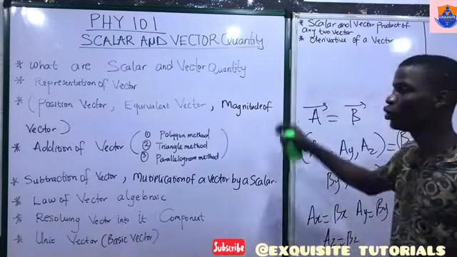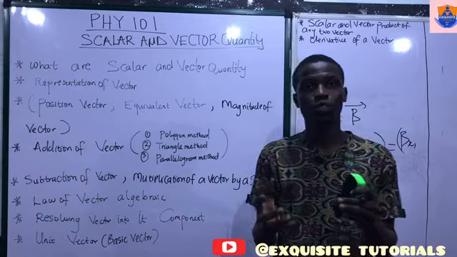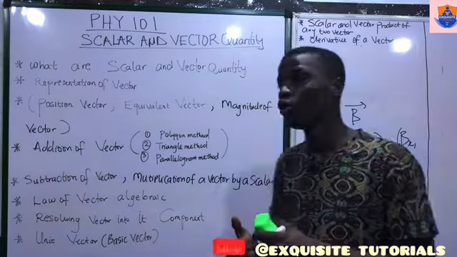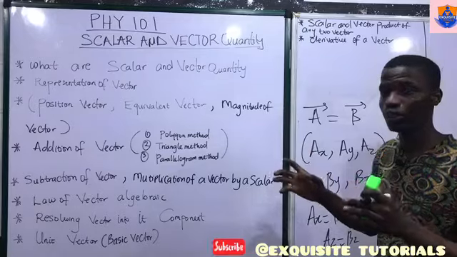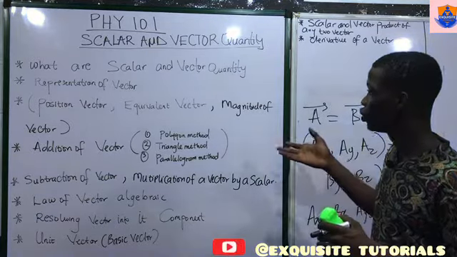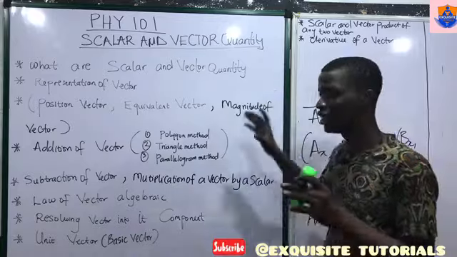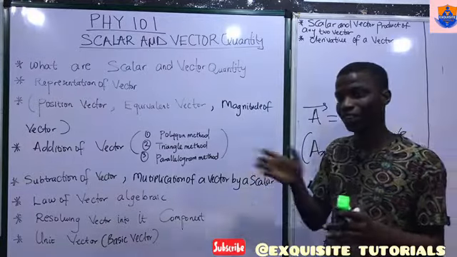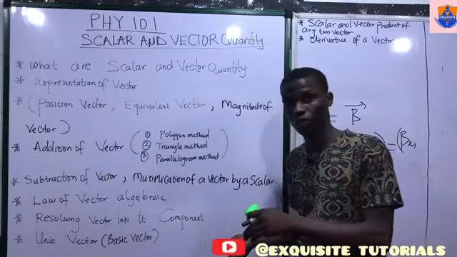Then the magnitude of any vector tells us the actual value of that vector, or the length of any vector when you are trying to represent it with the vector scale.